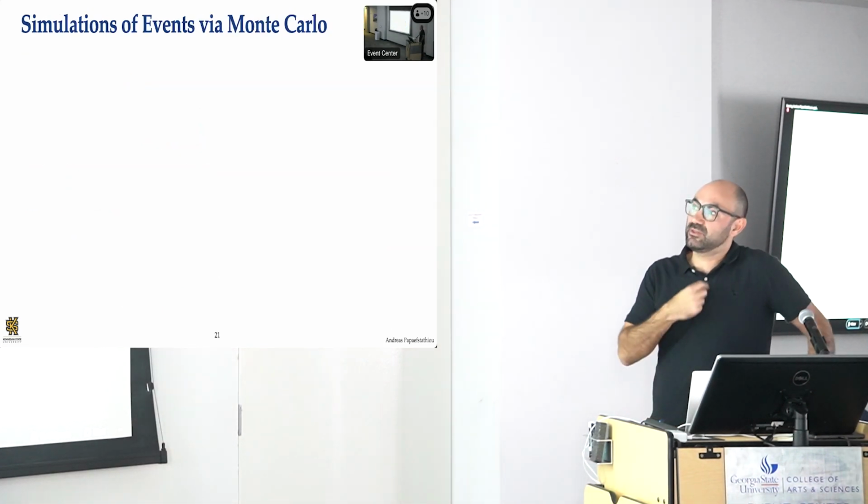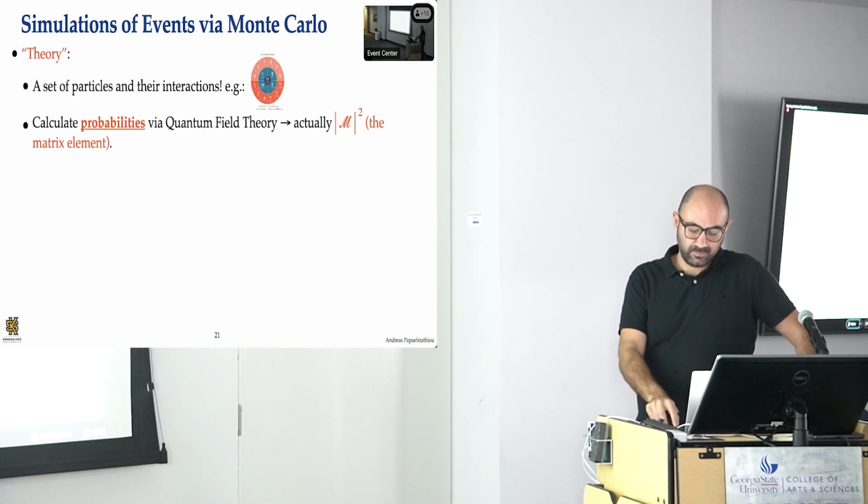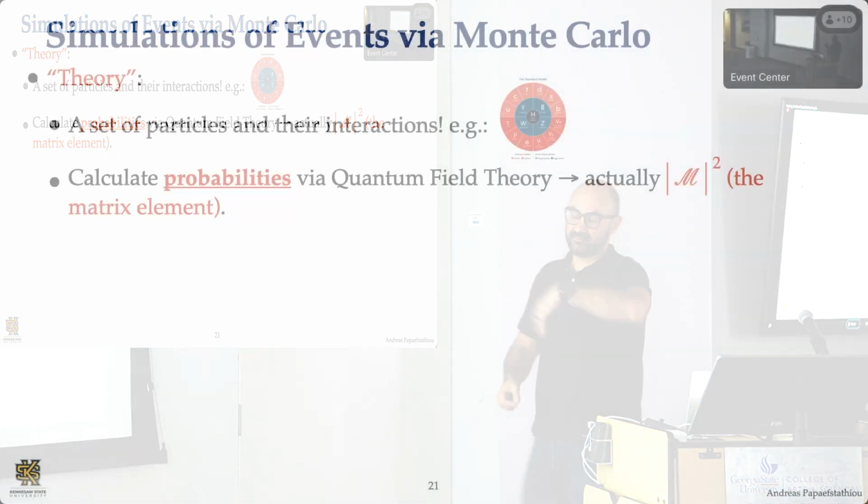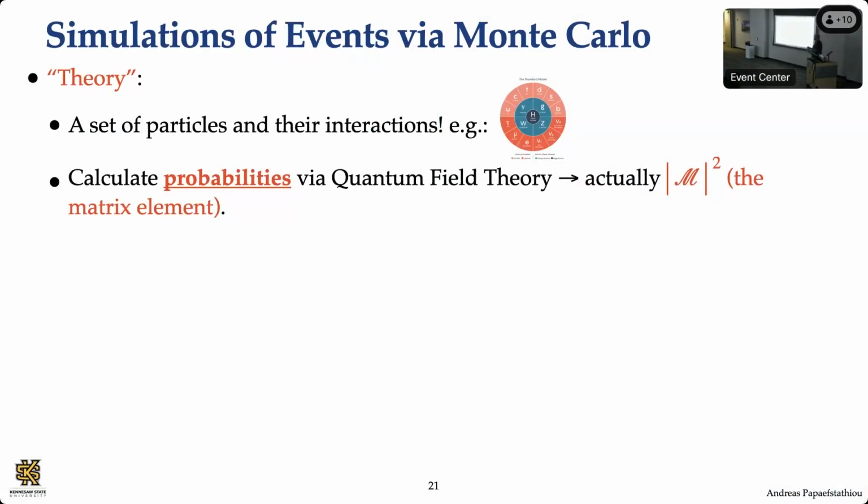Let me connect that with what's happening for particle collisions. The theory component is, for example, the set of known particles and their interactions. The Standard Model could be your theoretical input. We calculate probabilities via quantum field theory. I'm not going to use this very much, but this object that I call the wave function is actually called the matrix element in quantum field theory.